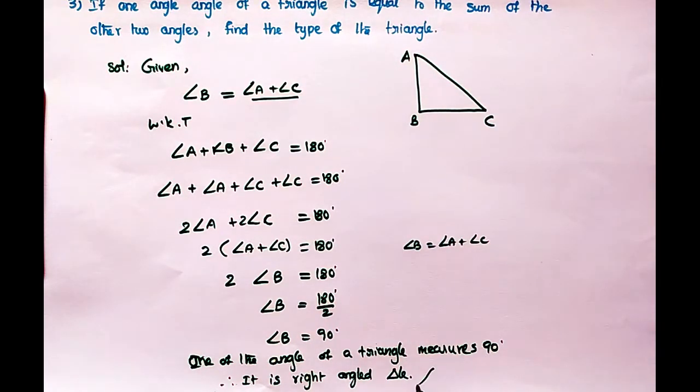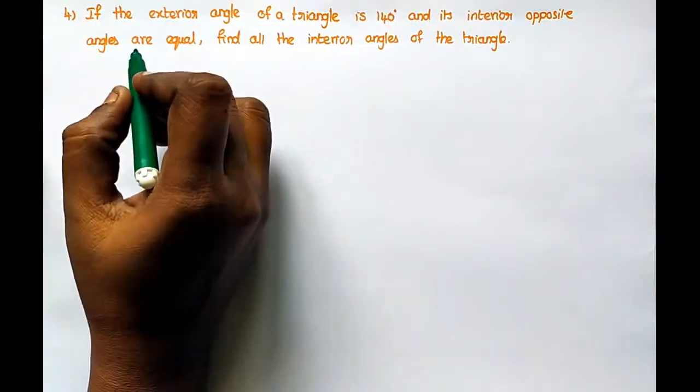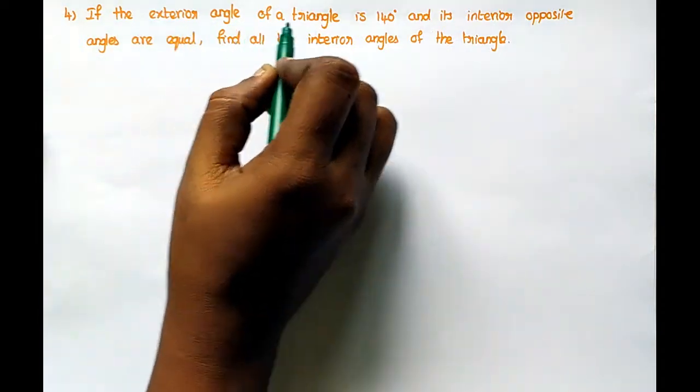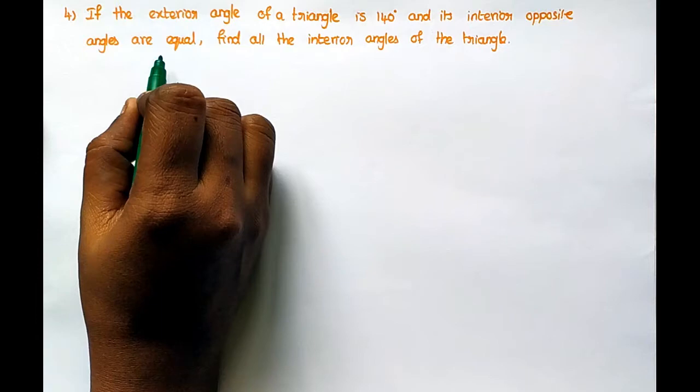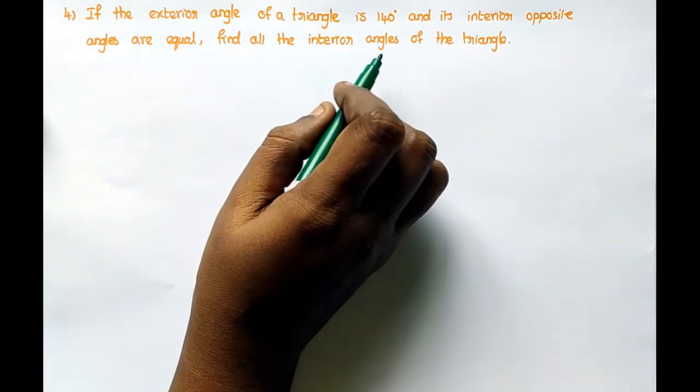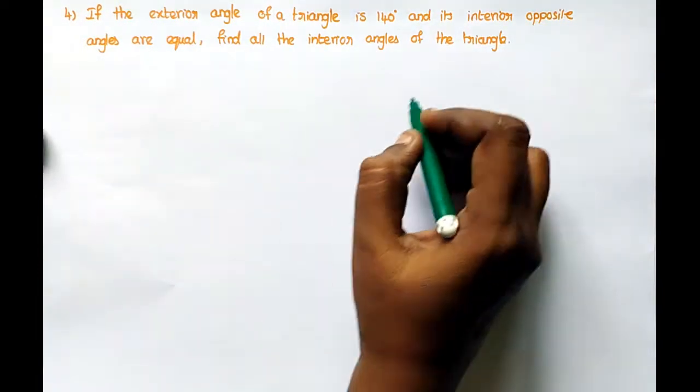That is the answer. Fourth sum. If the exterior angle of a triangle is 140 degrees and its interior opposite angles are equal, find all the interior angles of the triangle. Listen, they have given the exterior angle, that is 140 degrees.